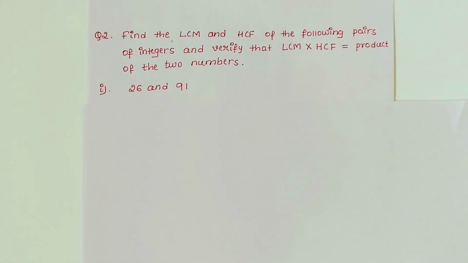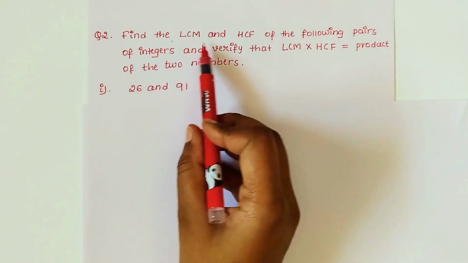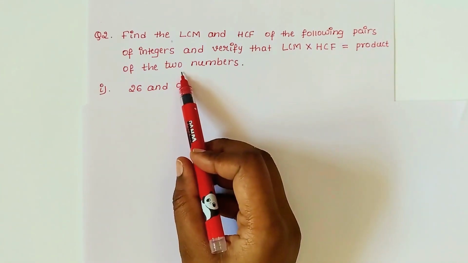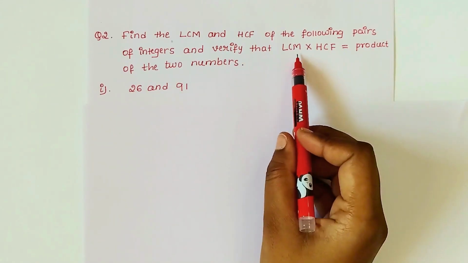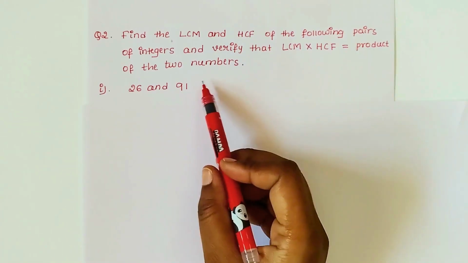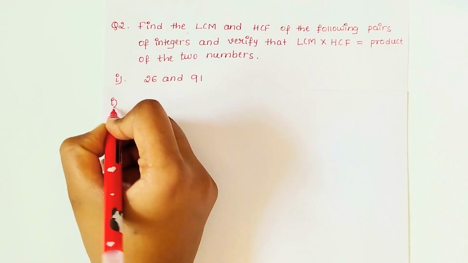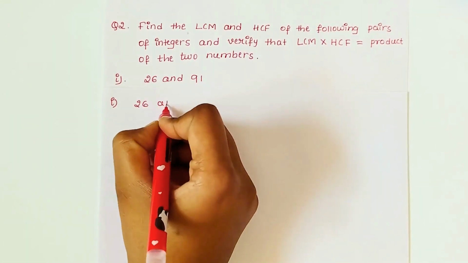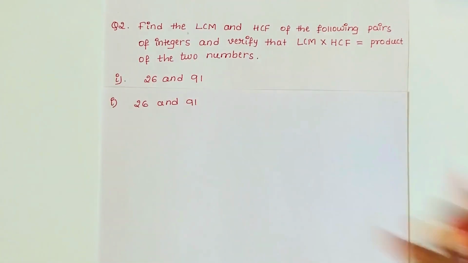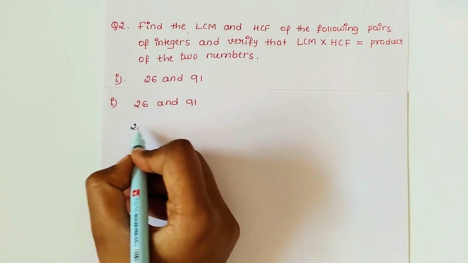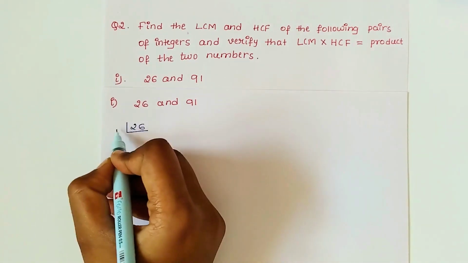So the second main question is: find the LCM and HCF of the following pairs of integers and verify that LCM into HCF is equal to the product of those two numbers. The first question is 26 and 91. We will get the factors of these two integers by using the factorization method.